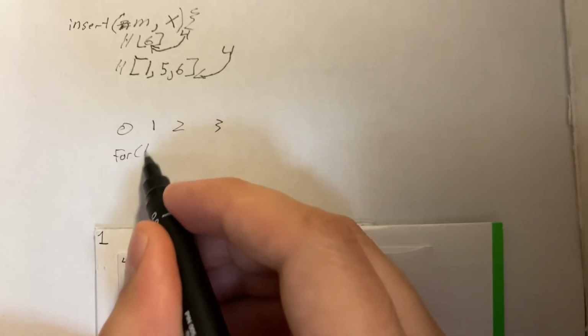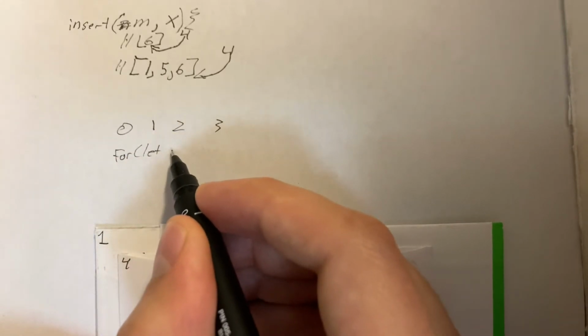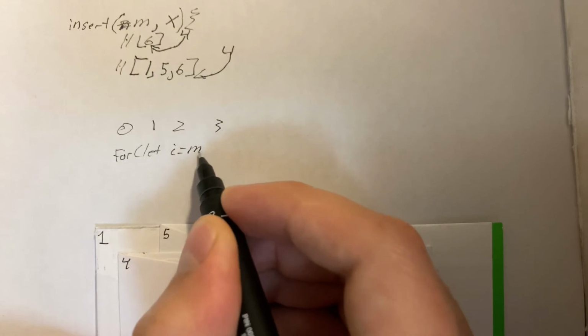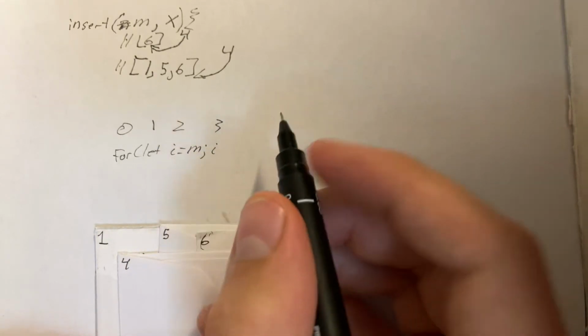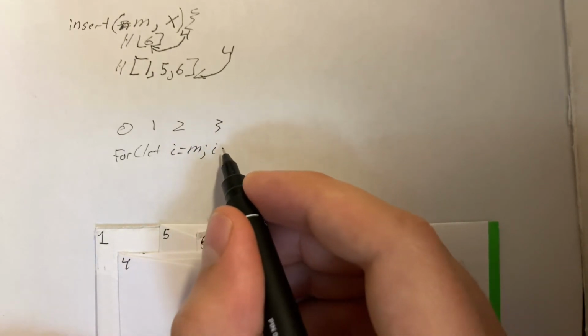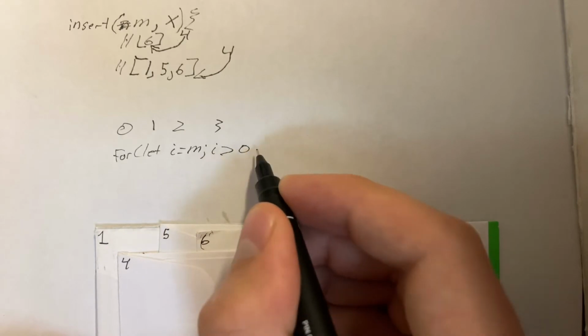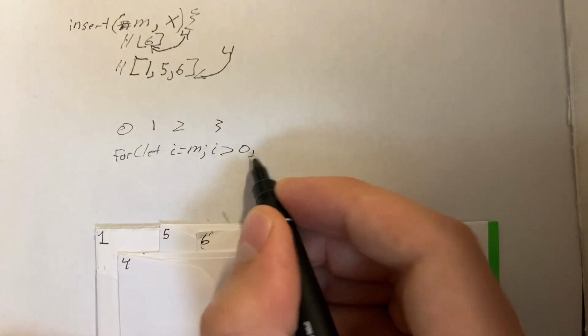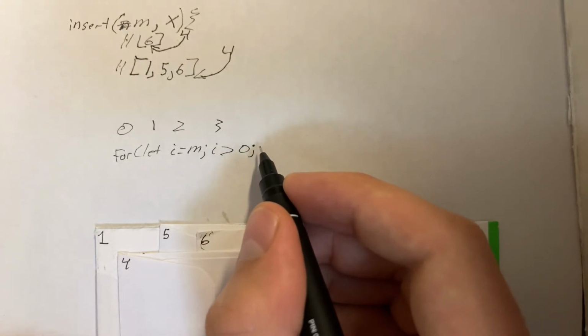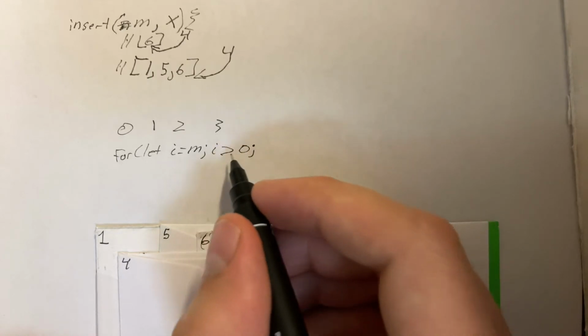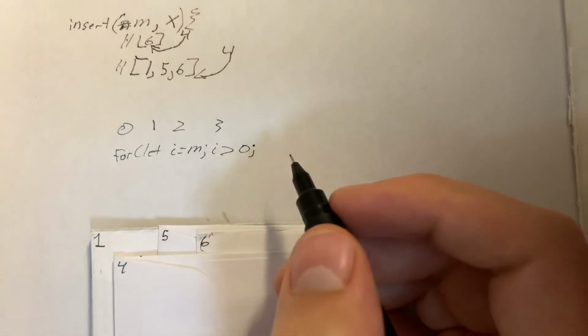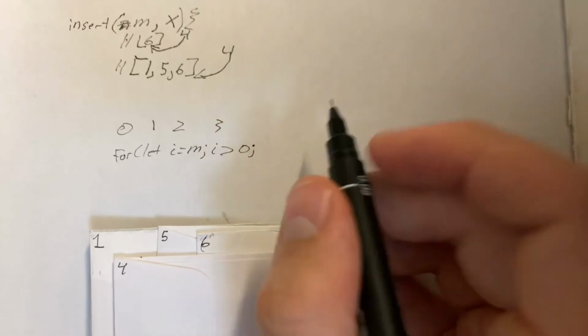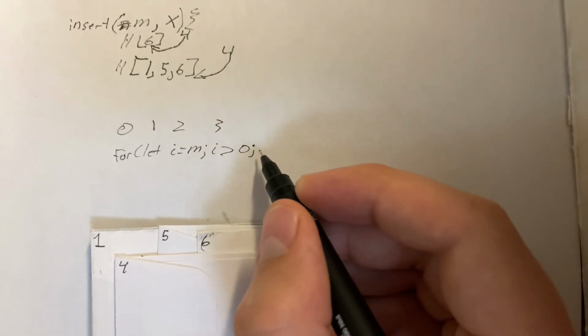So what we do is loop from index m down to 0, and compare the value at index I, the value at that index that we're looping, we'll call it I. We're going to compare that to the value of x.